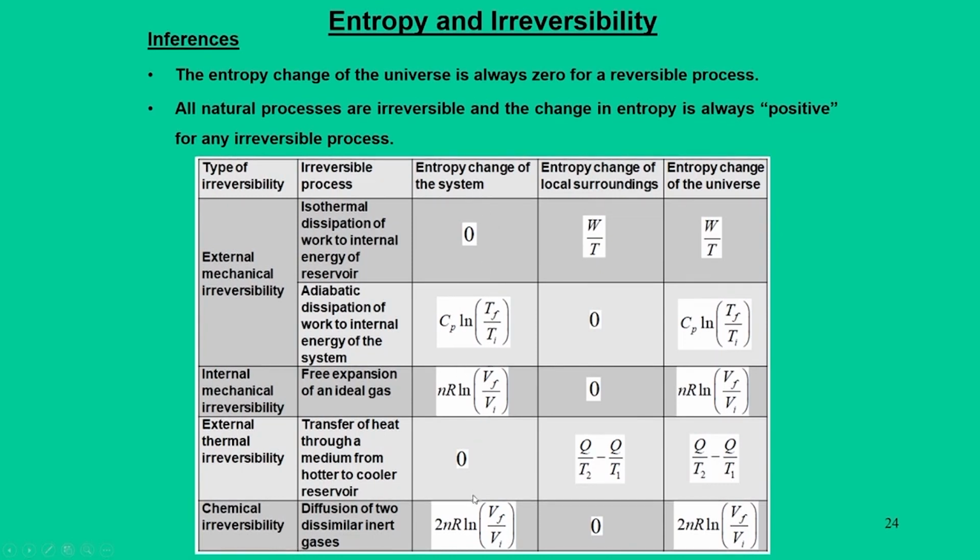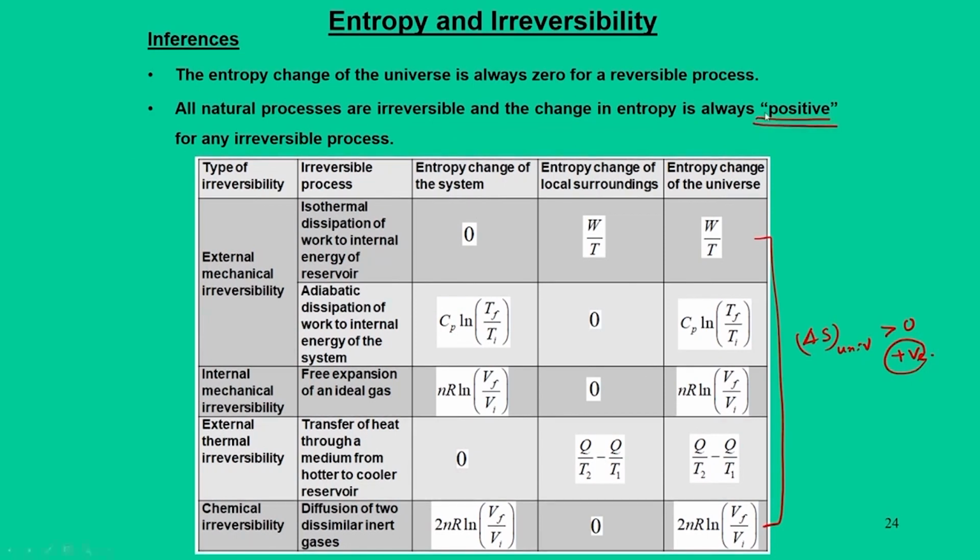And for all these cases we have summarized what happens to the entropy change of the system, the entropy change of the surroundings, and the summation of these two will give you the entropy change of the universe. And for all the cases one important consequence is that delta S universe is always greater than 0, or it is always positive.